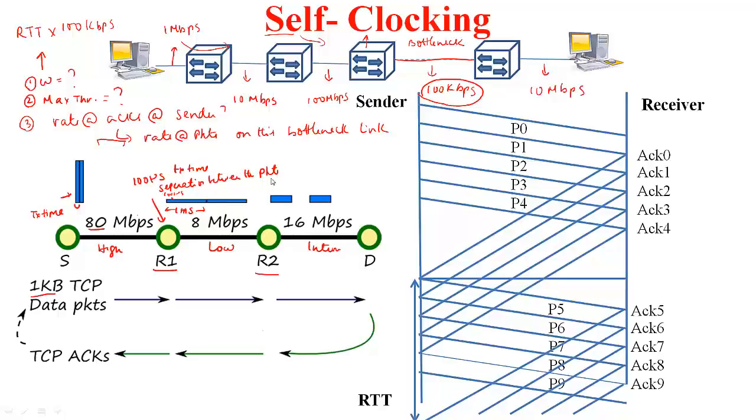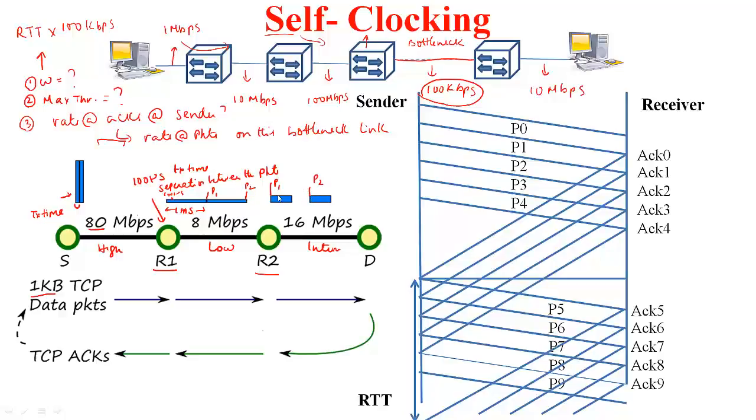Now when you look at R2, the first packet has arrived here. In other words, this point corresponds to this point, so both are the same point. Let me call it P1. This is where you remove the first packet and begin transmission of this particular packet. Now packet 2 is going to finish transmission here, so that is where it is going to arrive.